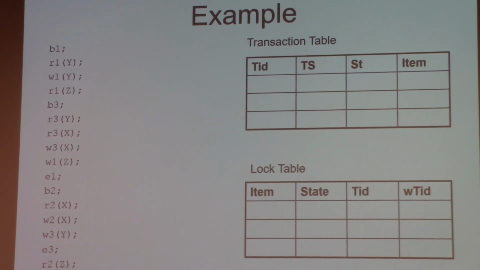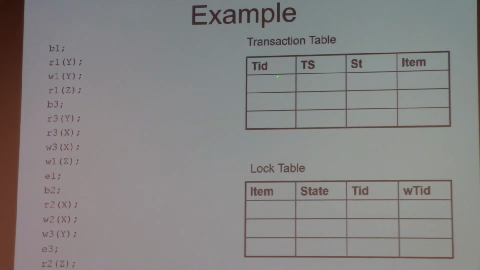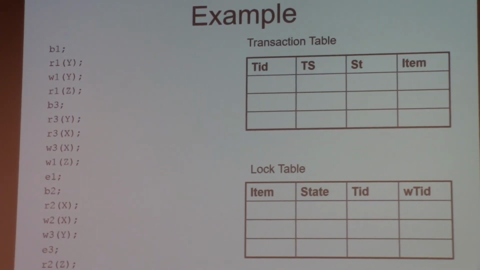Then see whether this one causes deadlock, and whether this one preserves concurrency or not, using the two-phase locking algorithm. As we discussed, we should manage two tables. One is the transaction table, and the other is the lock table. The transaction table manages the information about each transaction, including transaction ID, timestamp, and the state of the transaction, like active, aborted, and committed.